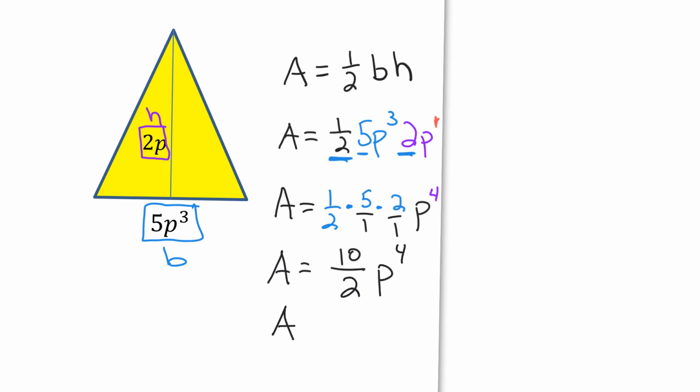Simplifying the fraction, 10 divided by 2 is 5, so area equals 5p to the 4th power. This is a monomial. The area of the triangle is represented as a monomial. This is one term. You don't have a plus or a minus between the number and the variable, so it is a monomial, and the exponent is positive, so we're good.